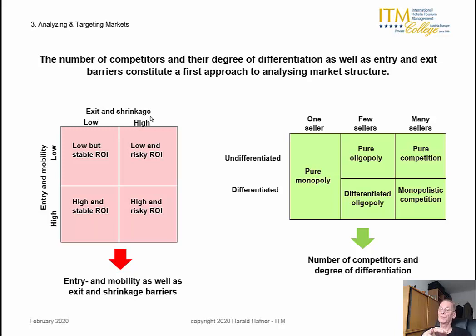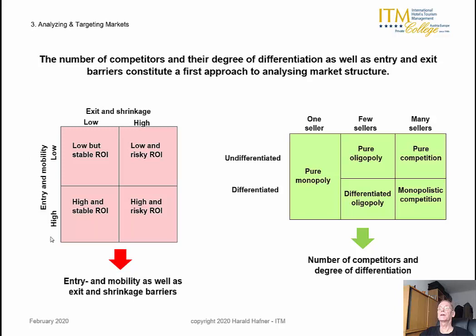So we talk about McDonald's as a highly vertically integrated company. And finally, there could also be emotional barriers that prevent you from exiting a market. Also here, we have low and high forms of exit and shrinkage barriers.